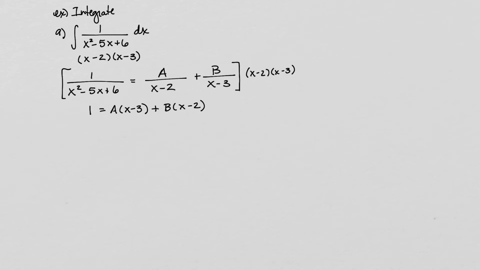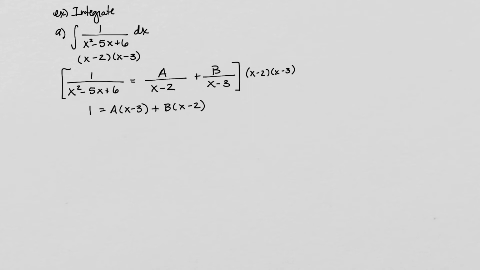No. Okay, so you have a couple choices as to how you want to proceed from here. One thing you could do is multiply everything out and then equate like terms. The other thing is you could just pick creative values for x, which is the route that I usually go, just because otherwise things get really, really messy.